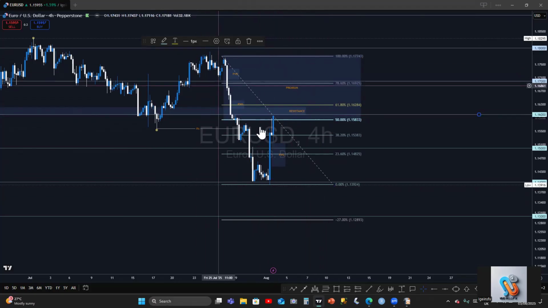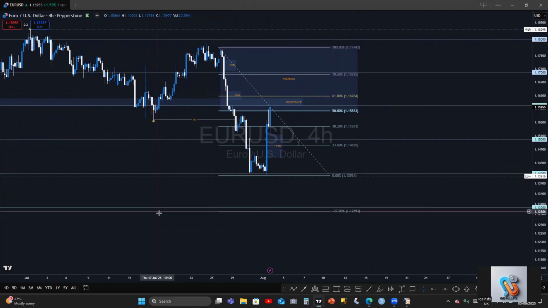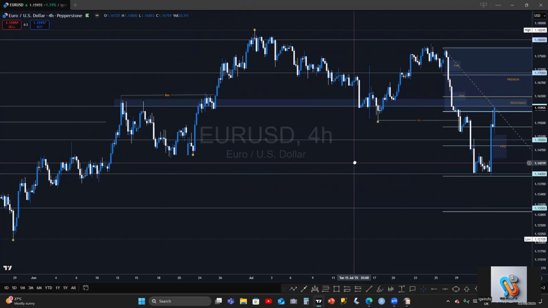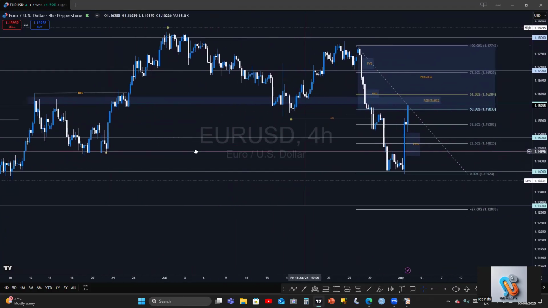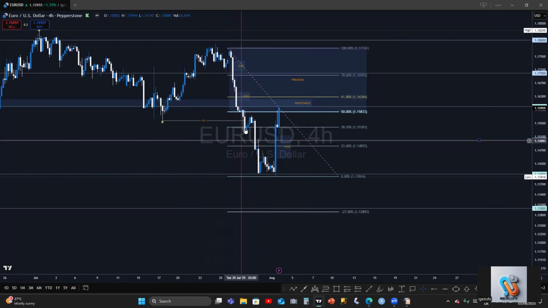So any reaction from this level, we are going to go short, because why? When you follow the structure, you discover that there is a market shift that already happened here, all right? But when we look at it very clearly, we'll discover that there is a change here, all right?